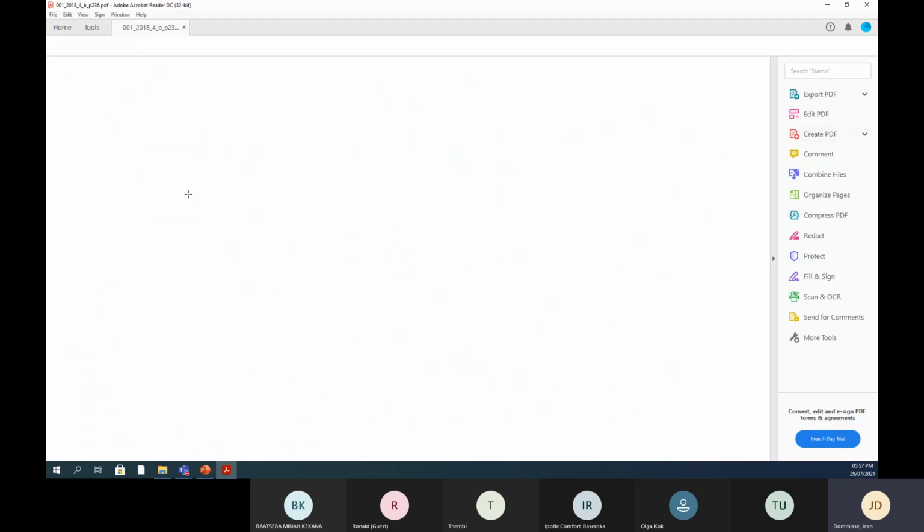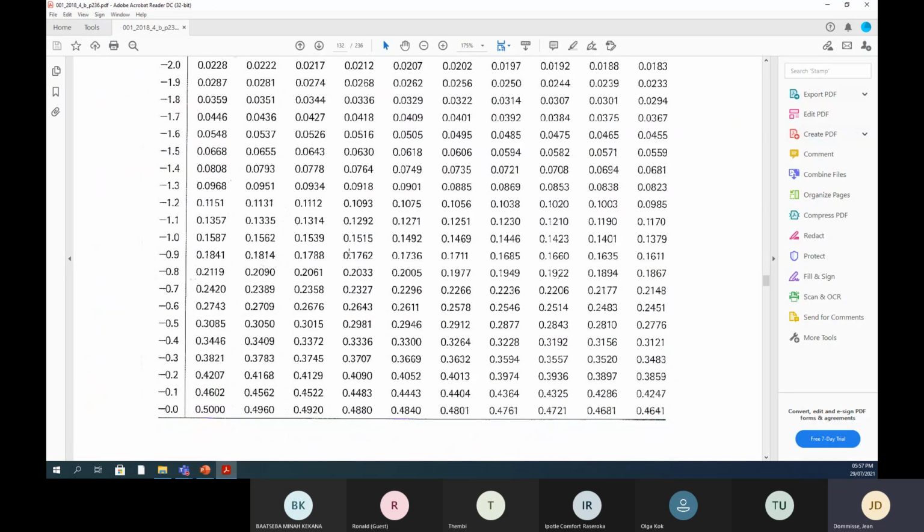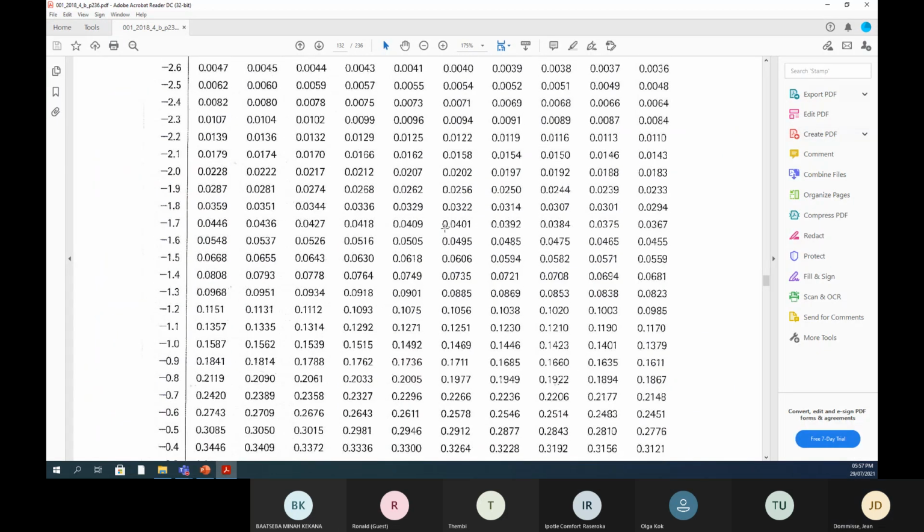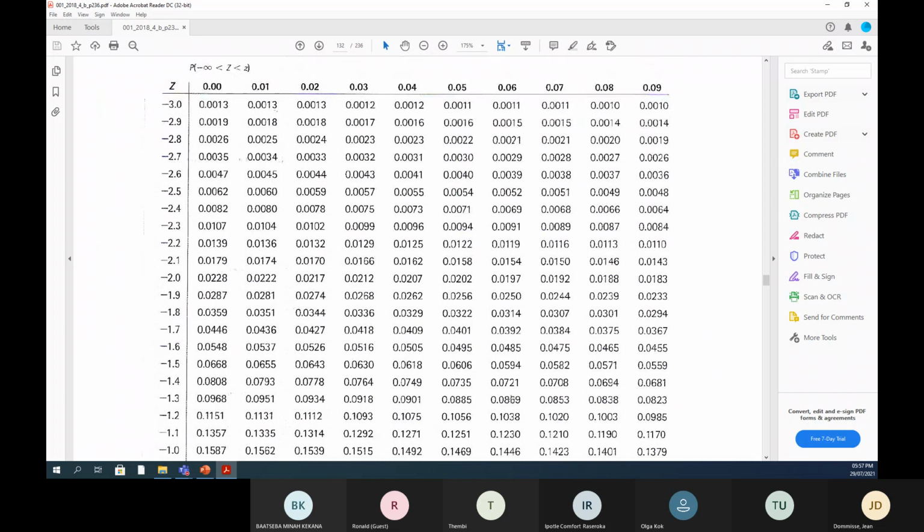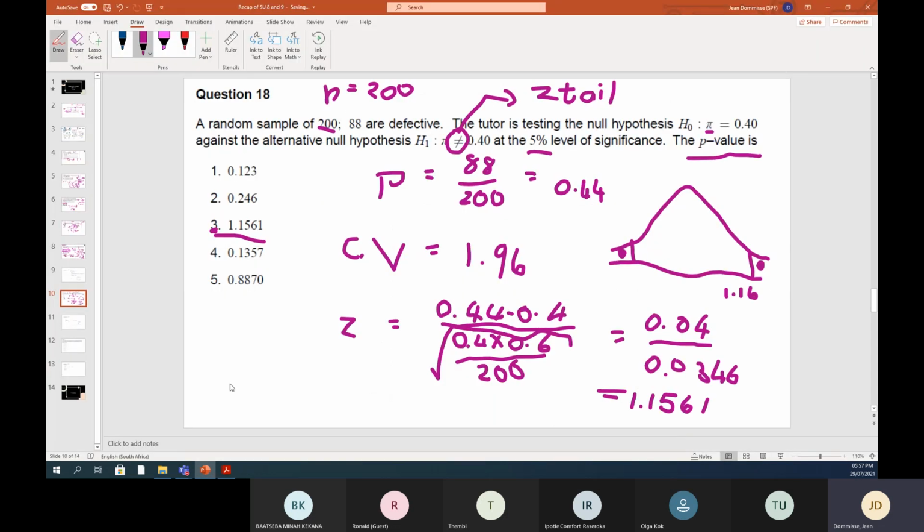Let me just see, 1.16, 1.1... 0.123. Okay, so that area is 0.123. What will be my p-value?